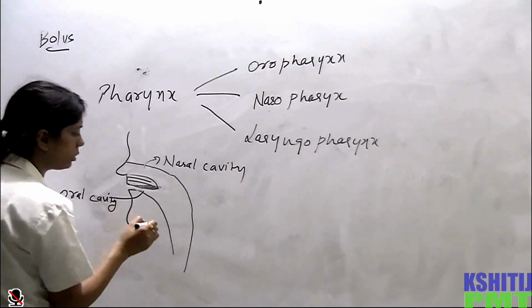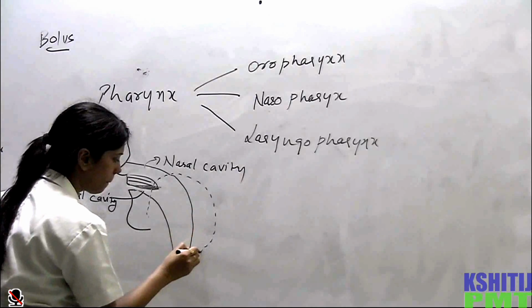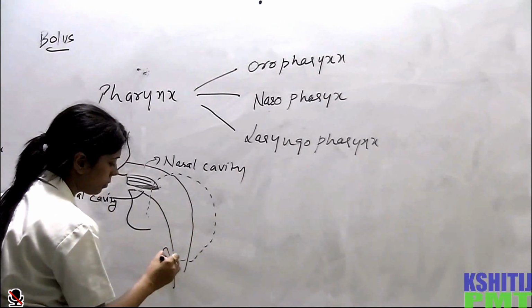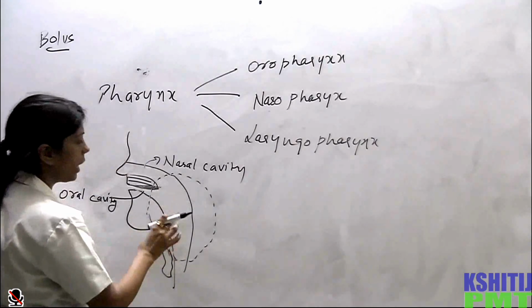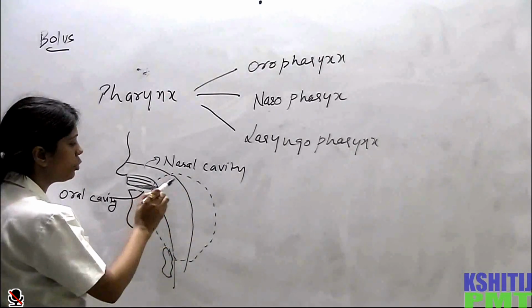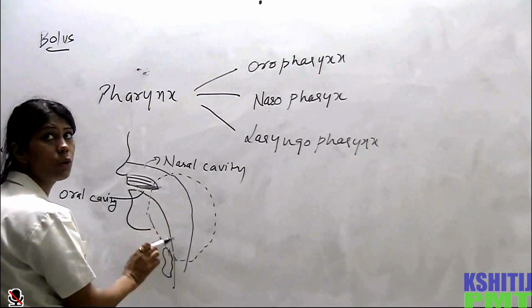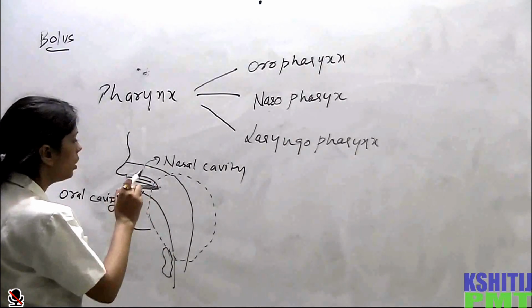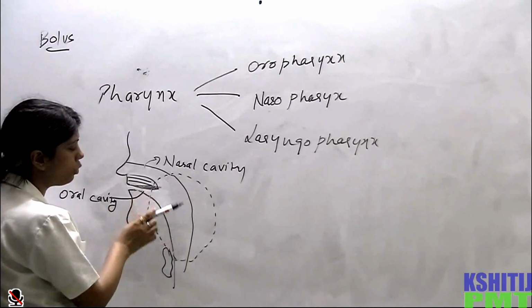And this part which you can appreciate, drawn in a circle, is your pharynx. This is the nasal cavity, this is the oral cavity, and this is your pharynx.